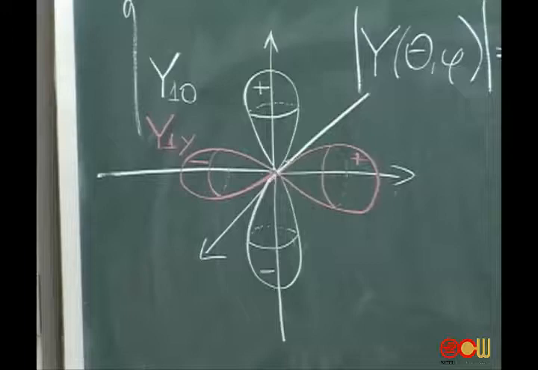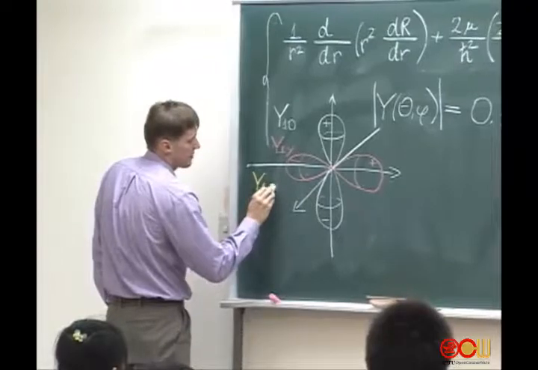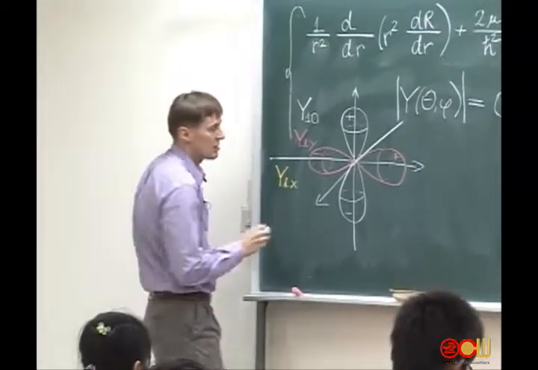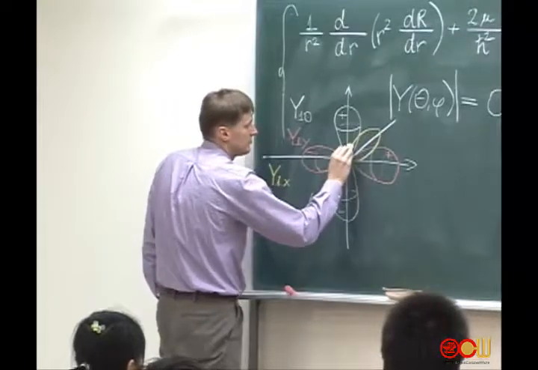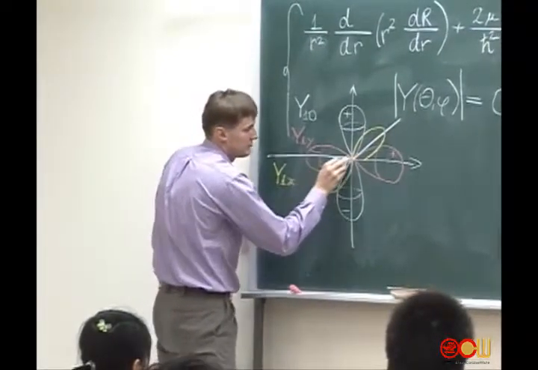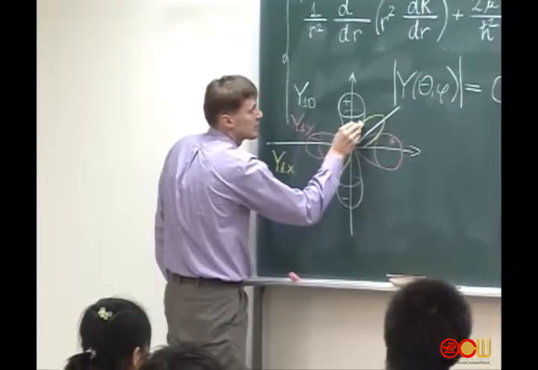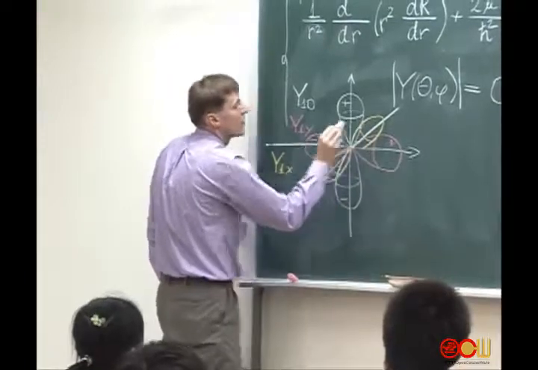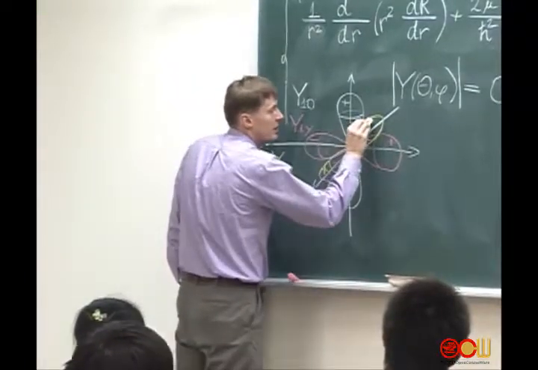The next function, that I call 1x, looks like that. It has one part here and a second part on this axis. Again, not spherical, round, cylindric. And again, one part is positive, one is negative.